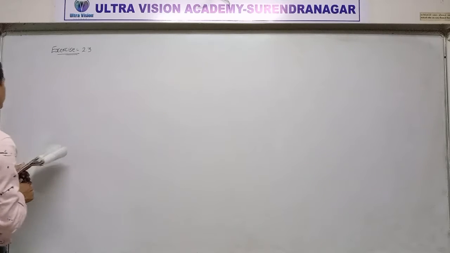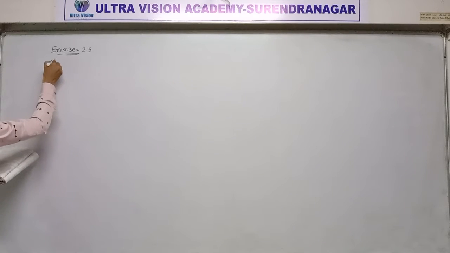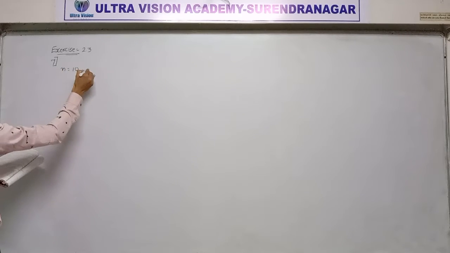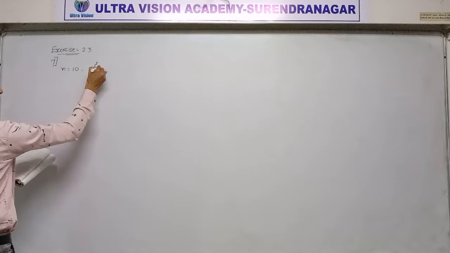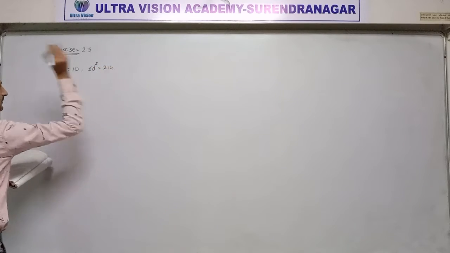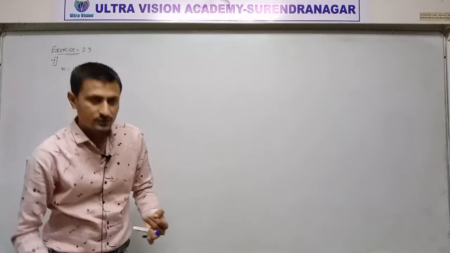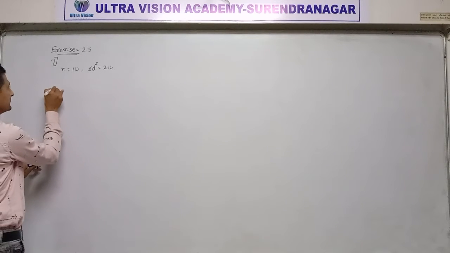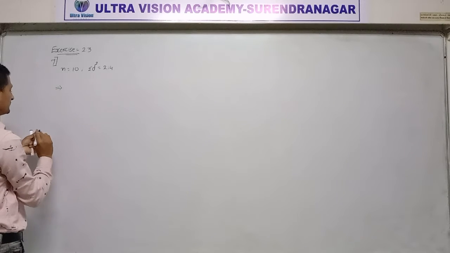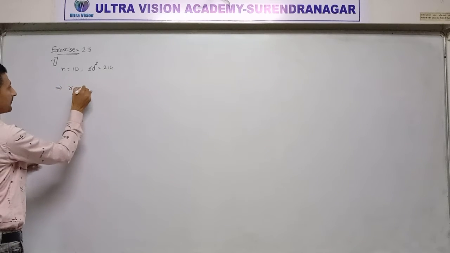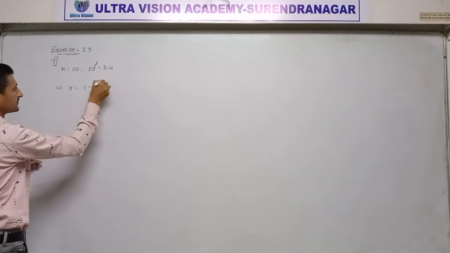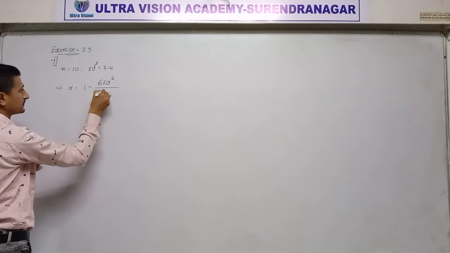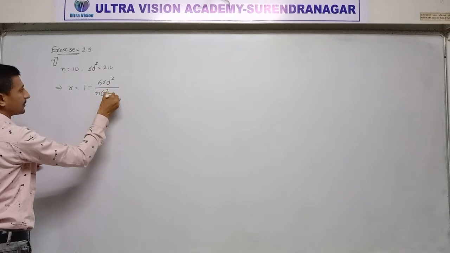Okay, so first of all write down n, the number of observations, is 10, and sigma d square is given as 240. So using the simple formula for rank correlation coefficient, R is equal to 1 minus 6 sigma d square divided by n in bracket n square minus 1.